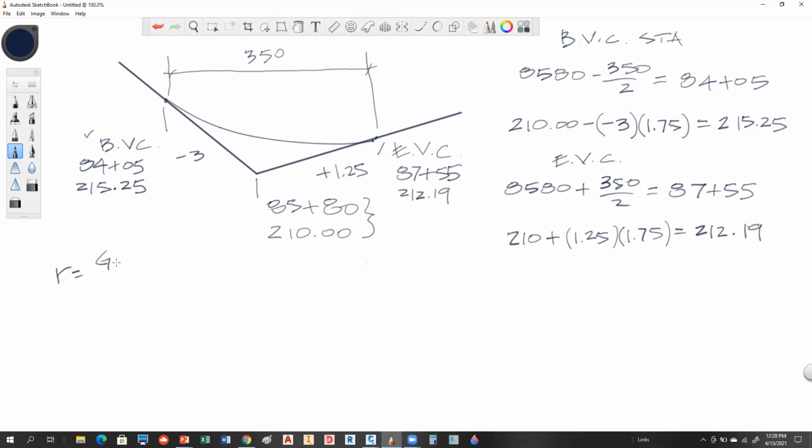So that's defined as grade 2 minus grade 1 divided by L. This is grade 2, so that's 1.25% minus a minus 3 divided by L, and L is expressed in stations, so you just convert that. Basically, you're just dividing it by 100, or moving that decimal place over. So when we get this number, it looks like I'm getting a positive 1.2143. You guys can verify it. Anybody agree with that?